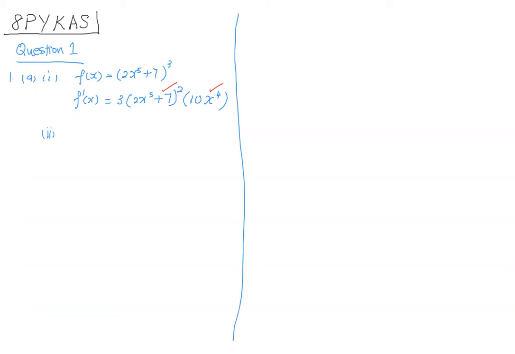Okay. Then part 2. Your f of x is 3 times ln of 8x plus 1, plus 9 square root of x. Okay, Yishan, can you tell me how to get the answer for this one?